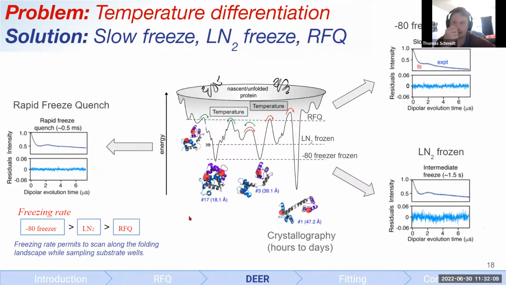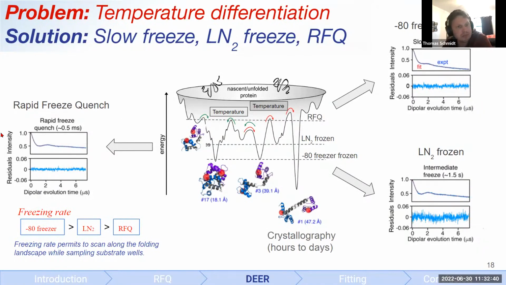So how does it look? I'm just going to give you a snapshot and then we go into the analysis. For the rapid freeze quench frozen state, we get beautiful DEER traces. We get, as expected, a significant background function, and if we fit it, as I will show later on, we get very nice residuals. Liquid nitrogen frozen, we get a better background, of course, and the residuals are still relatively good.